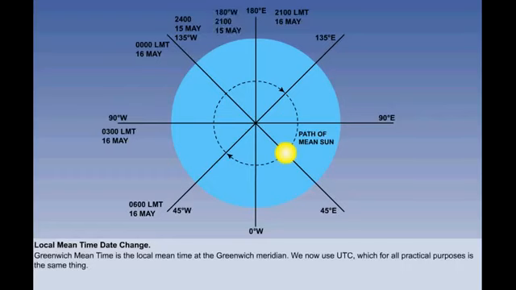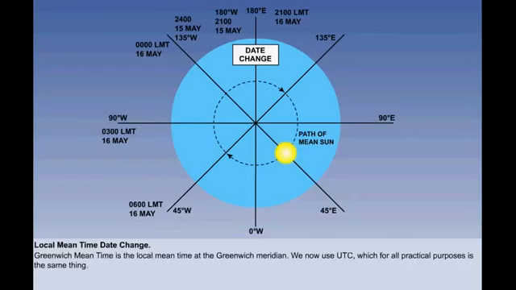But if you remember, it was also 2100 hours on the 16th of May when we counted it forwards, going eastwards. Therefore, local mean time changes date when crossing the Greenwich antimeridian. This is similar to the international date line, which follows the 180-degree meridian for the most part, with a few deviations.